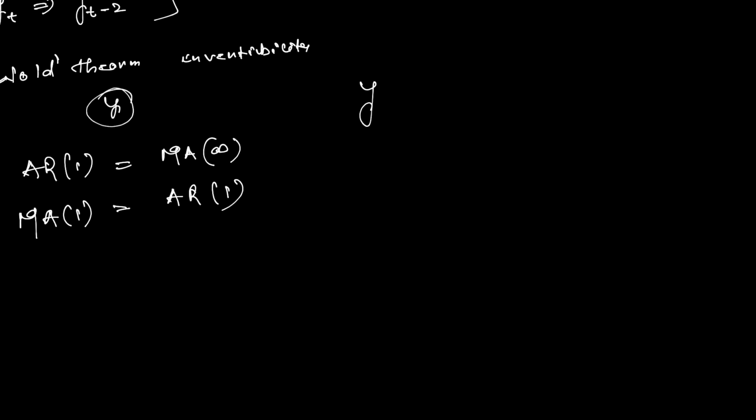So I will write y is equal to b naught plus b1 into yt minus 1 plus error term. And for simplicity, I will remove b naught. Now I would write yt minus b1 yt minus 1 is equal to error term.